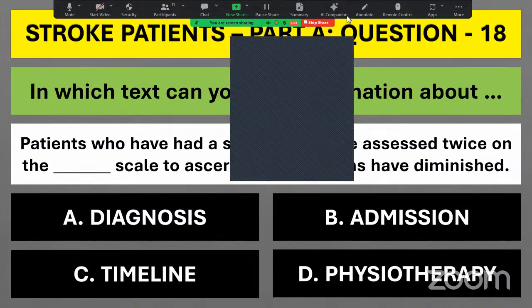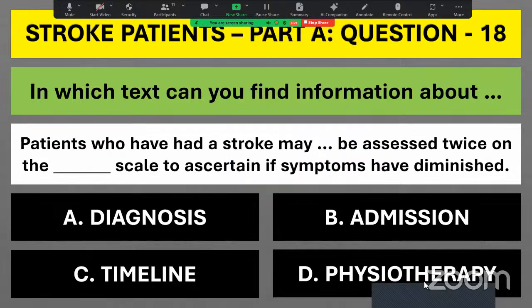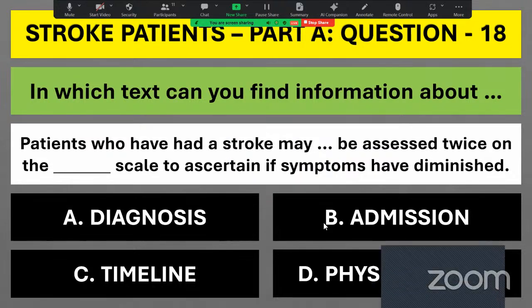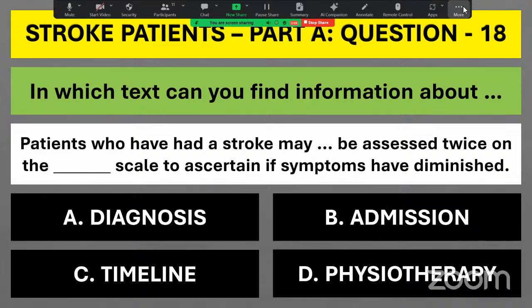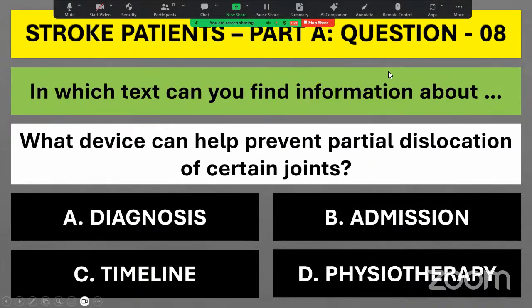Diagnosis, admission, timeline, physiotherapy. Upon admission in the hospital, this is before that a diagnosis. After admission, then timeline. So where will you find B or C? So many people are saying C, so let us go to C.